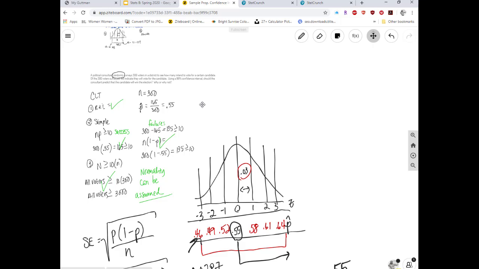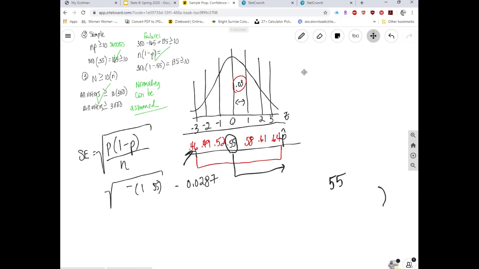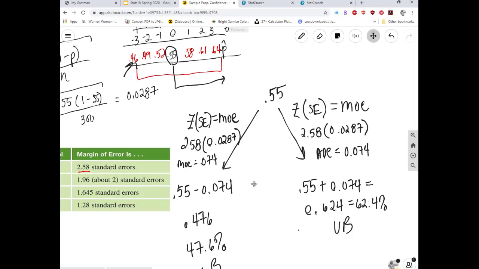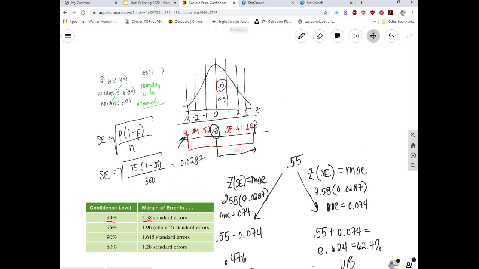However, according to the sample that has been taken, it can be said with 99% certainty that the true population proportion exists somewhere between 47.6% and 62.4%. That means that between 47.6% and 62.4% will likely vote for that candidate.